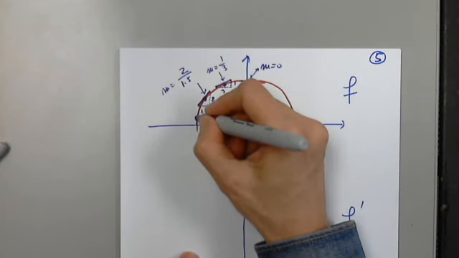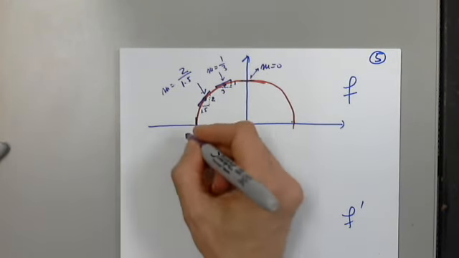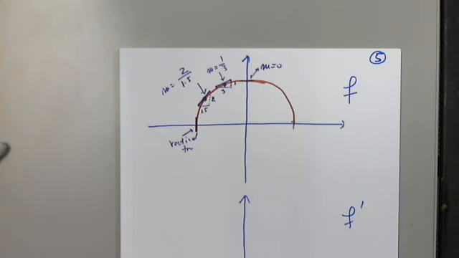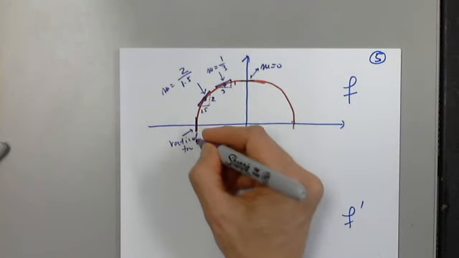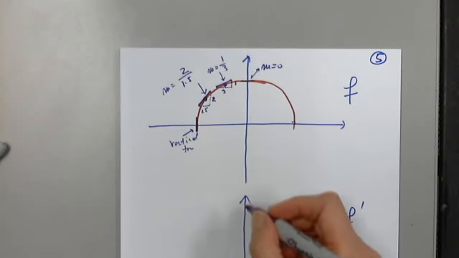Okay, what happens here? Right, so this is a vertical tangent, which means the derivative will be undefined at that point. Obviously here the derivative will be 0.